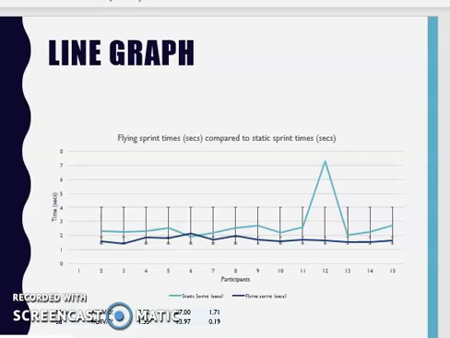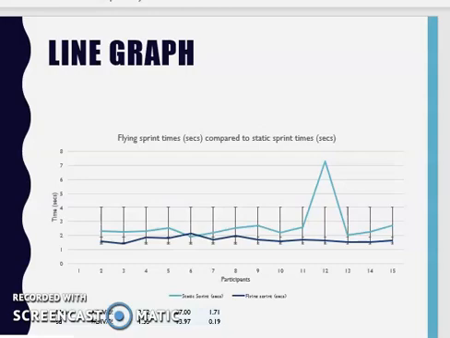The x-axis is also called the independent axis because its values do not depend on anything. The y-axis has the dependent variable on it because it's dependent on the x-axis. More than one line may be plotted on the same axes as a form of comparison. For example, this line graph is comparing the speed of a static sprint to a flying sprint with a separate line for each.